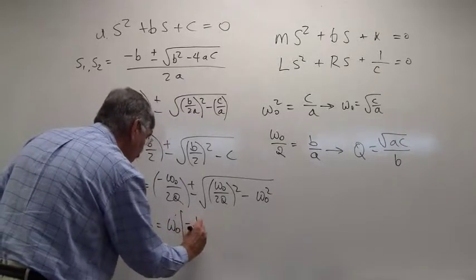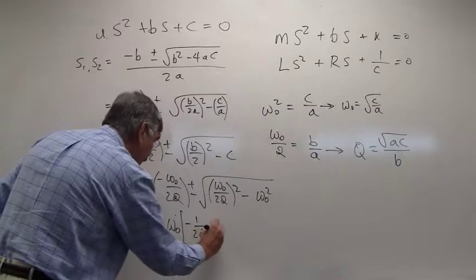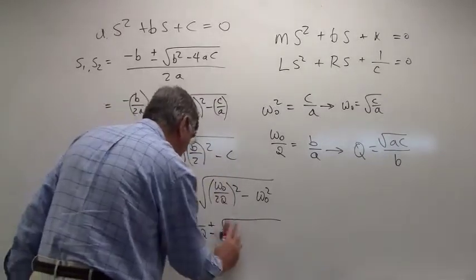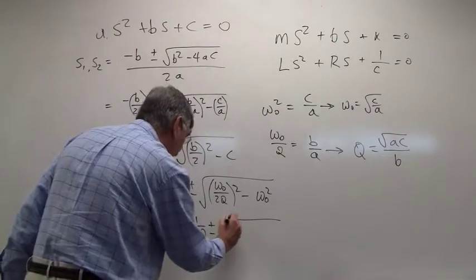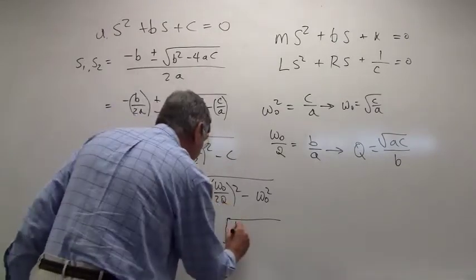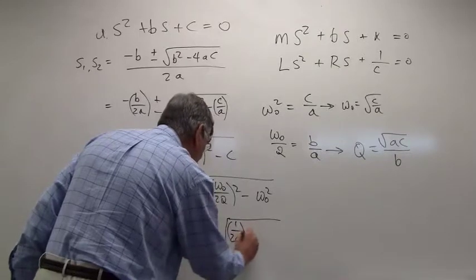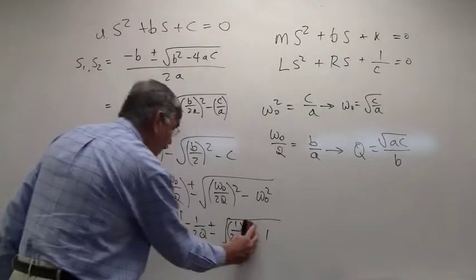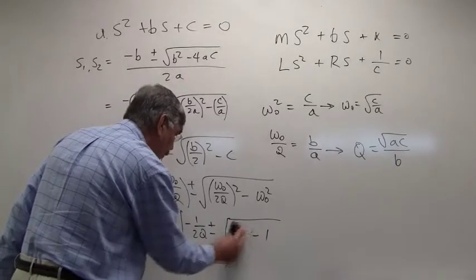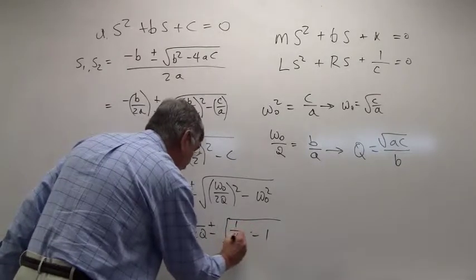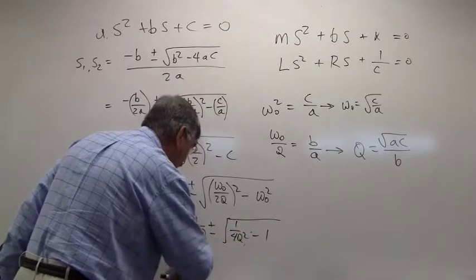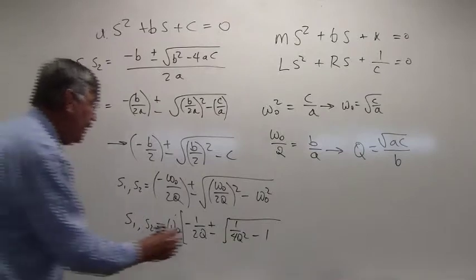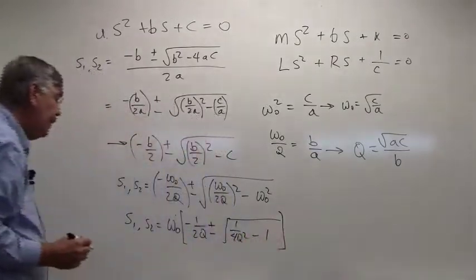I get minus 1 over 2q plus or minus the square root of, with omega naught out front, omega naught times that same thing squared, 1 over 2q squared minus 1. And this is starting to be a little bit simple, and maybe it's easier to go ahead and multiply this out, and we get 1 over 4q squared minus 1. That's still a pretty complicated equation. I'm going to show you another way.